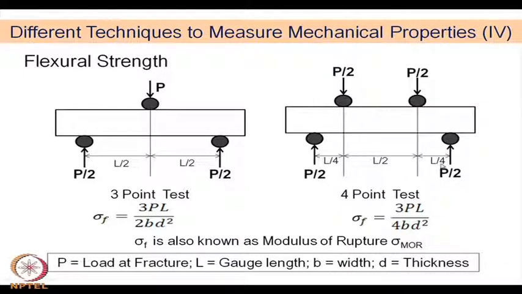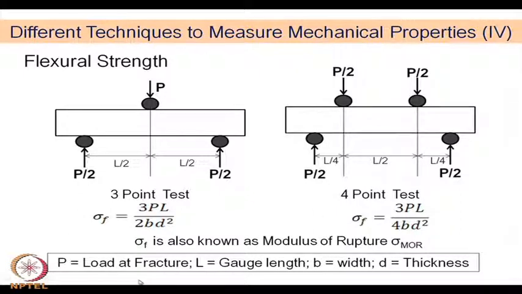There is a standard test which is carried out at a higher temperature, maybe 1400 degrees centigrade, depending on the application range or the service temperature of refractories. So hot MOR is a very important parameter for refractories, but for many others which are used primarily at room temperature, the room temperature MOR is an important parameter.